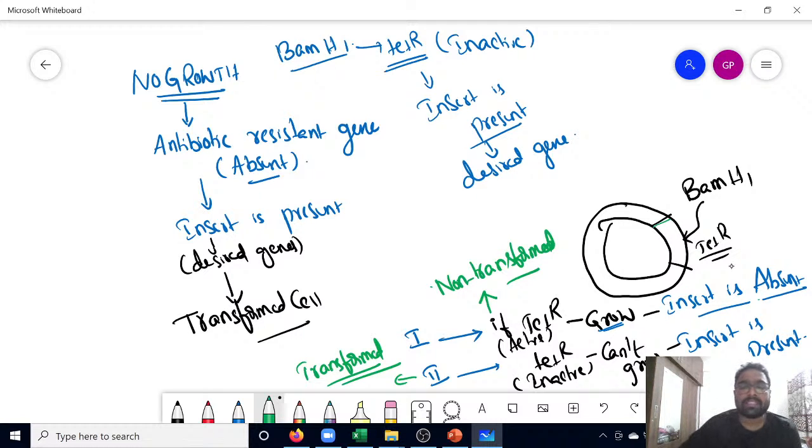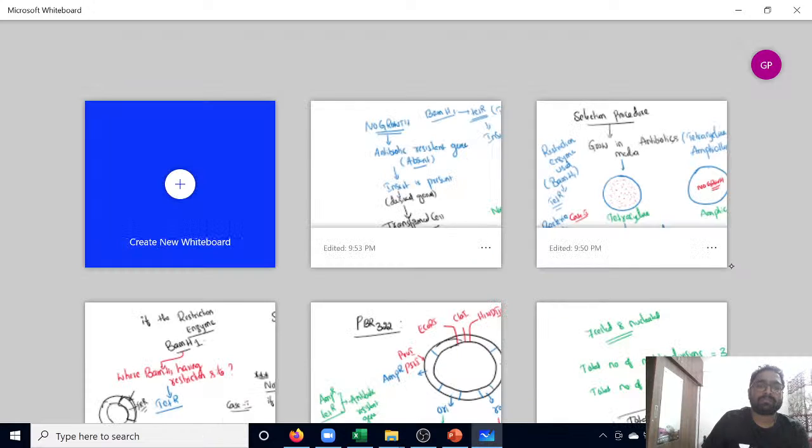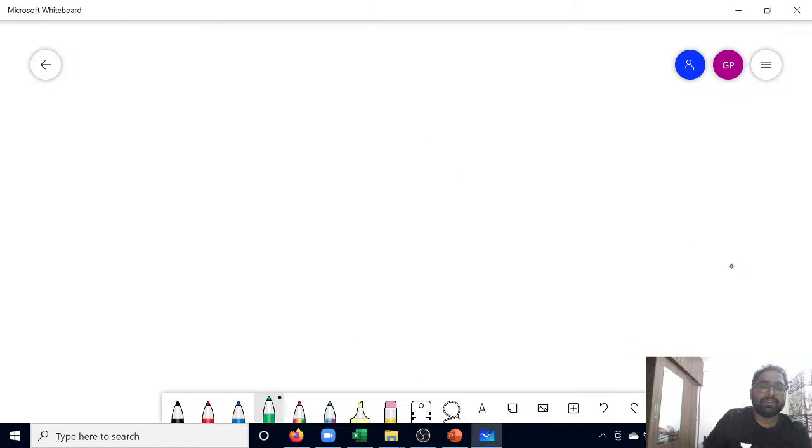Yes. So this can also be called the replica plating technique. So we can use replica plating. Two plates we have to keep, right? In the same way, I have told you, suppose same thing. Suppose our restriction enzyme is BamH1 only, but you are growing in which media?